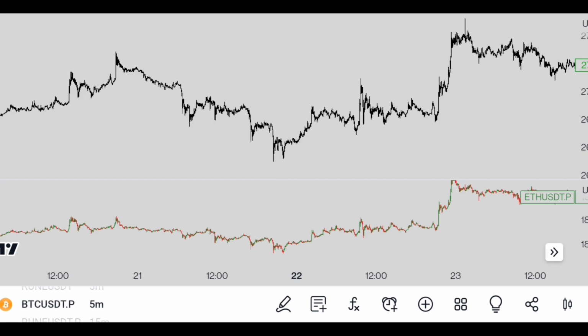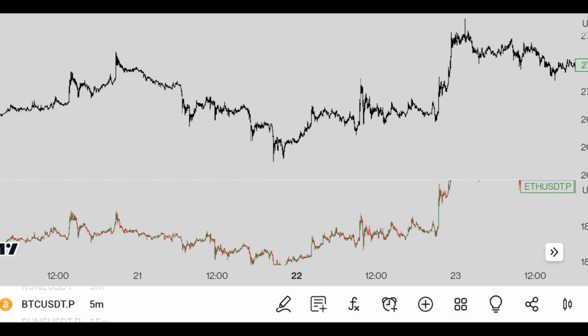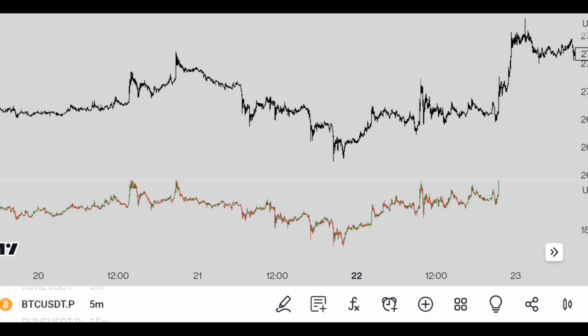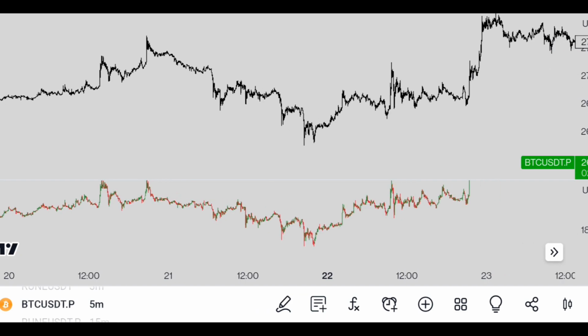So that's how SMT divergences work, and you can trade on different time frames using them: daily, 4 hour, hourly, or 5 minutes. Here I will give you an example of 5 minute SMT divergences and how you can predict that the price will go up within the next 5, 10 or 15 minutes.